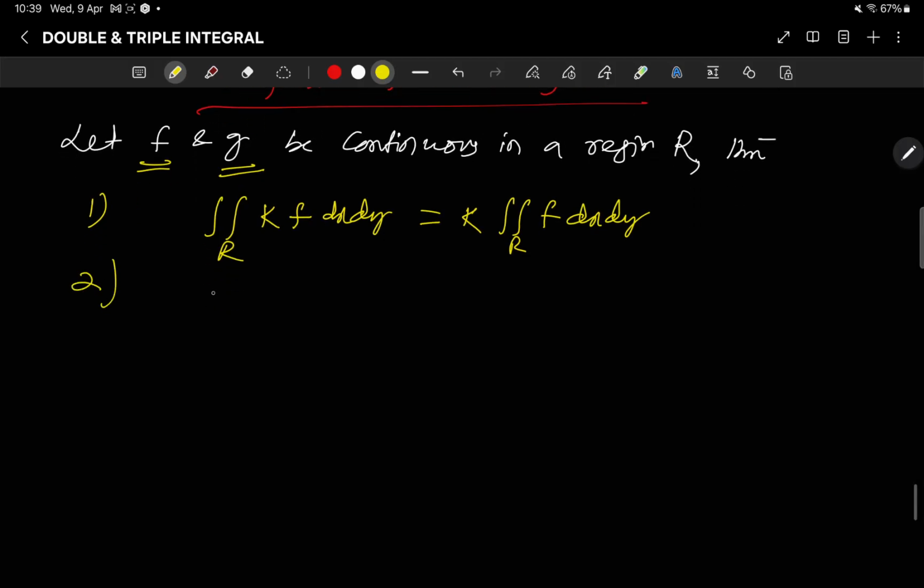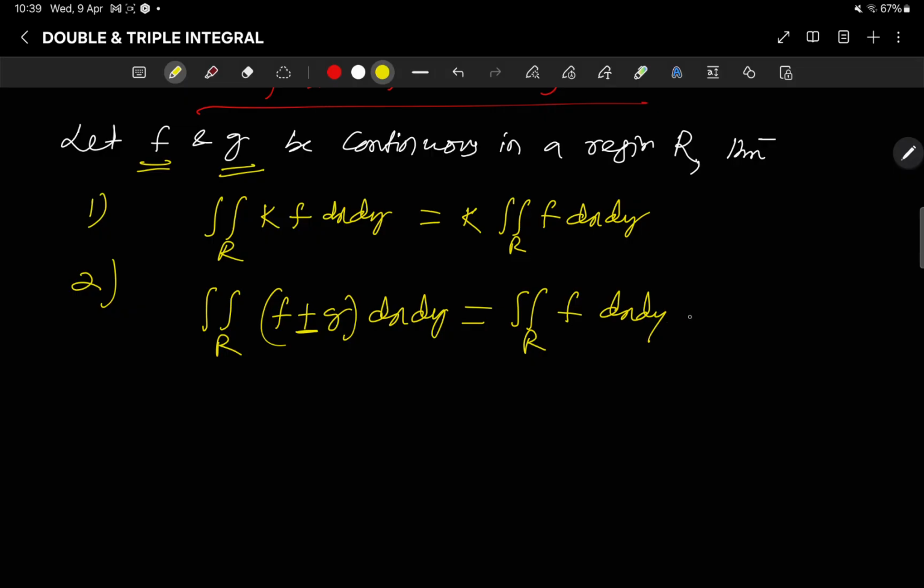Similarly, coming to property number 2, if you have f plus or minus g dx dy, then it can be separately integrated: the integral of f dx dy plus or minus the integral of g dx dy.